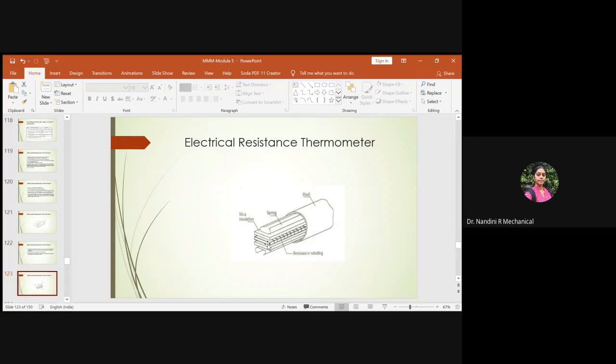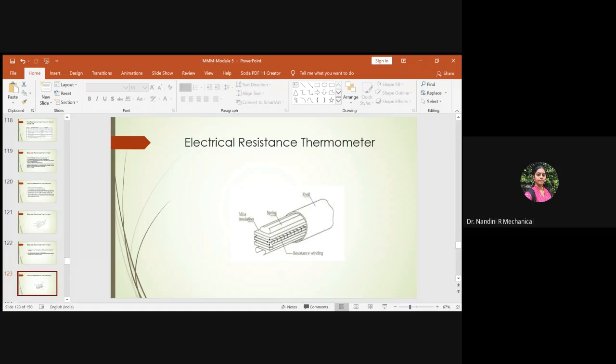When the current flow changes, the resistivity changes when it is subjected to temperature variation. Along with this, you have a spring at the top and at the bottom, which helps keep all the layers of mica compressed in a proper manner.